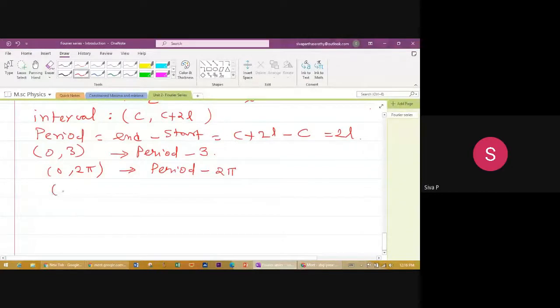In case the interval is minus L to L, what is the period? Calculate. 2L.